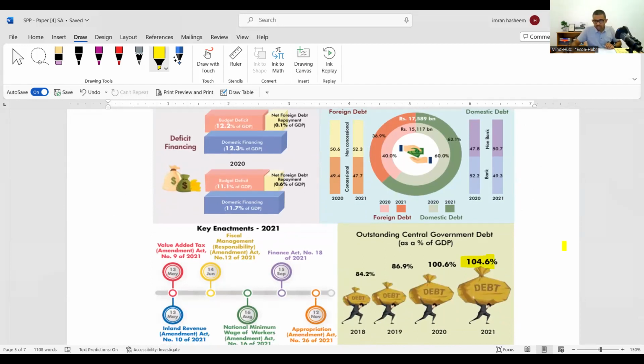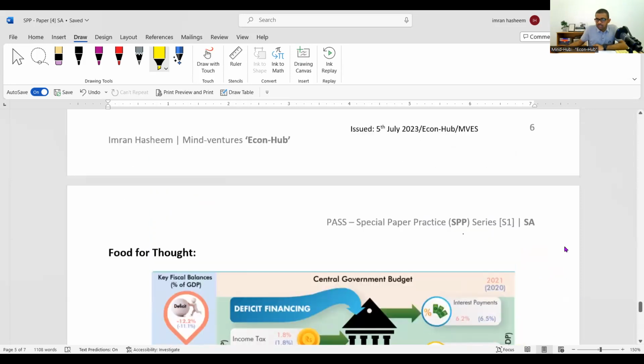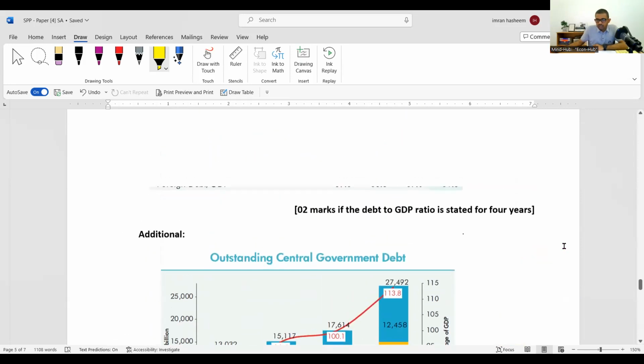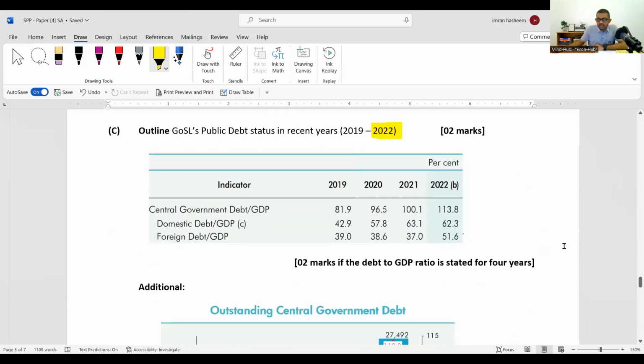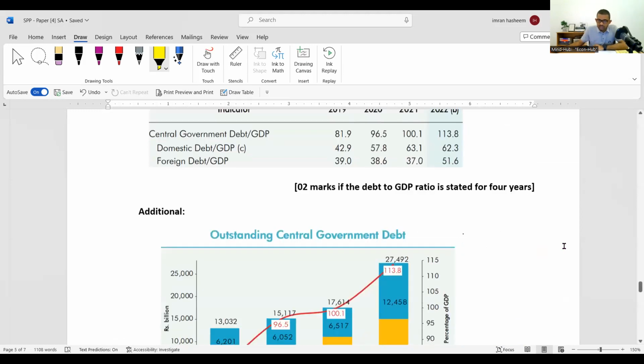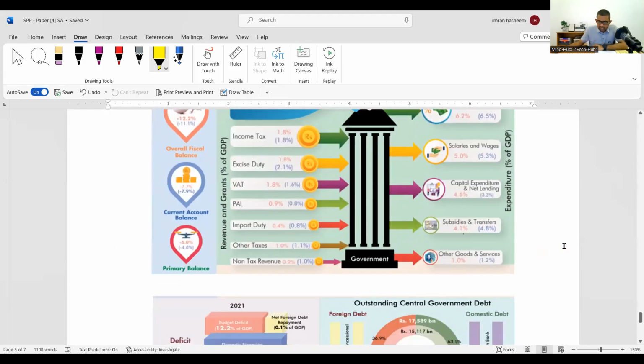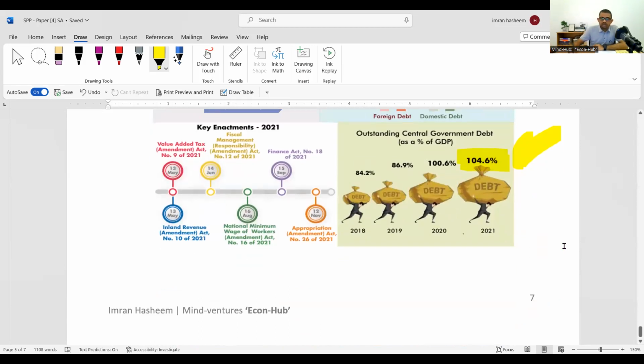Can you see what I'm highlighting here? 104.6. So there's a small adjustment there. But since I asked for 2022, I took the values from the 2022 annual report. That's why the values are different. This is more than okay.